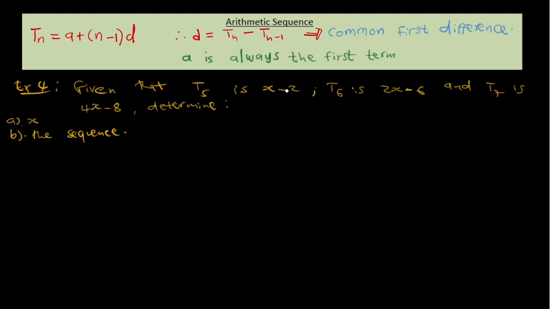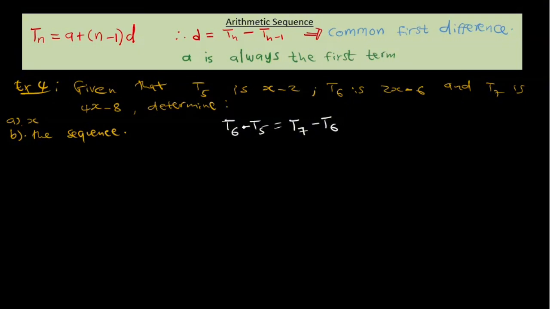These T5, T6, T7 are consecutive terms. Remember, this is an arithmetic sequence, which means T6 minus T5 is equal to T7 minus T6.